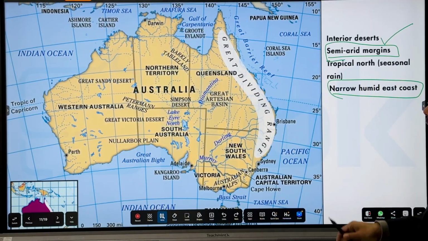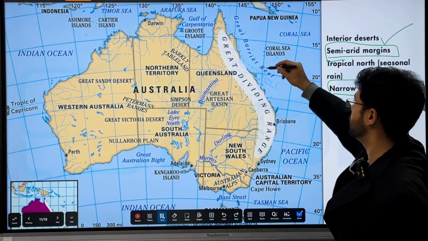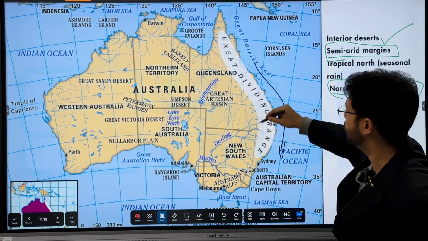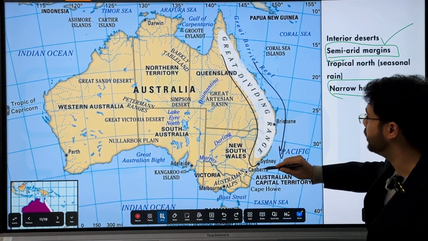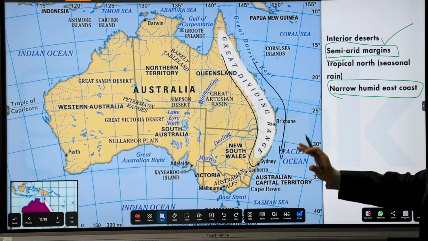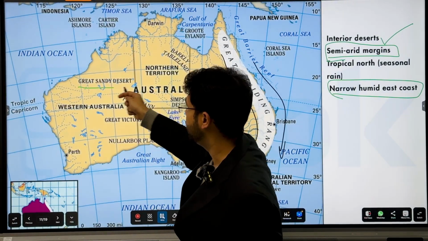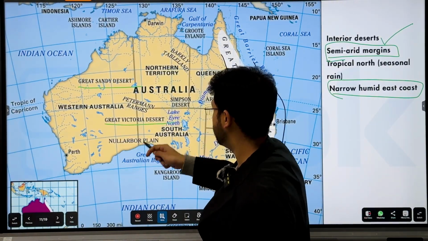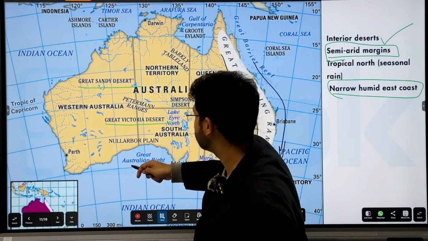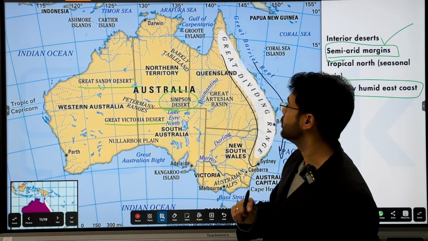It's because of the East Australian current. That is a warm current flowing over here, and the Great Dividing Range that is creating rainfall. That's why we have a narrow humid east coast, but only this. Otherwise, what is Australia? Great Sandy Desert, Great Victorian Desert, then Simpson Desert, full of deserts.